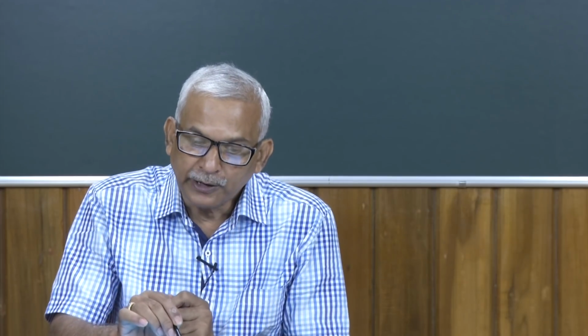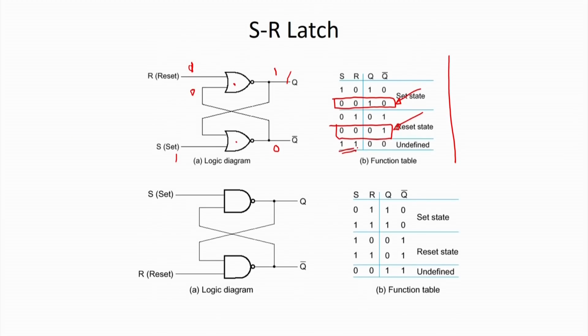So after 1 1, whether we get 1 0 or 0 1 depends on the propagation delay of these 2 gates. Whichever is faster is going to act first, and accordingly it is going to set the output. That is why we say this is the race condition, and we should avoid this 1 1 combination, otherwise we do not have any problem.